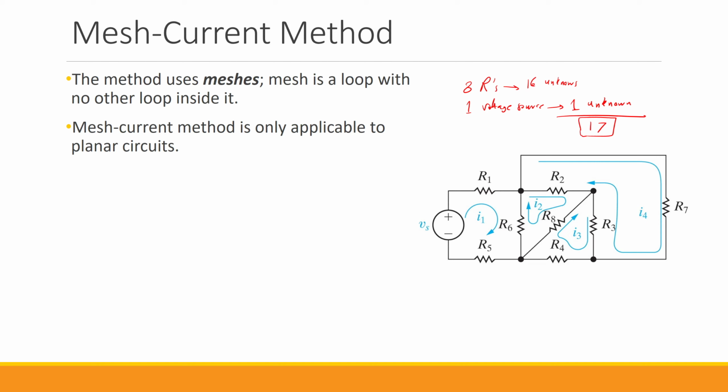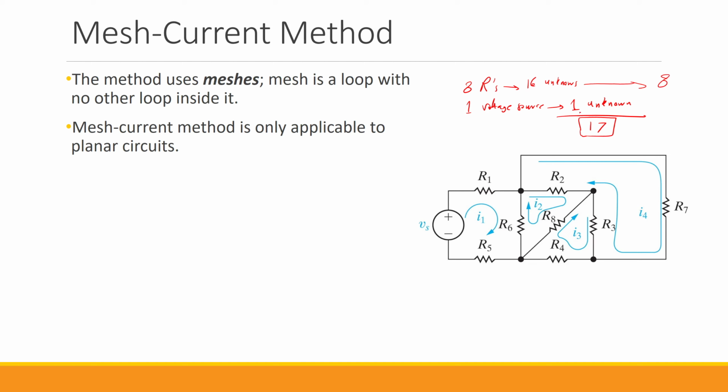But then we said, okay, we don't need to find 2 variables or 2 unknowns for each one of the resistors, because if we know the current, we can easily use Ohm's law to get the voltage. Or if we know the voltage, again, we can easily use Ohm's law to get the current. So that was reduced to 8.